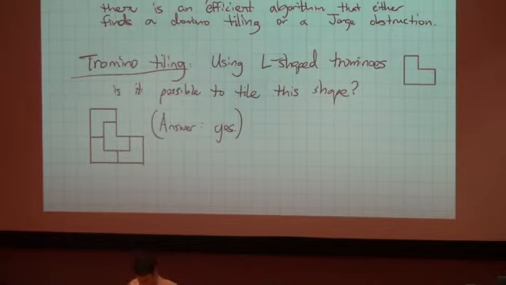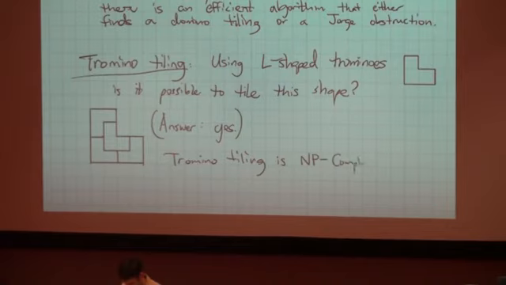And unlike domino tiling, these problems are believed to be genuinely hard to solve. So trombino tiling belongs to a class of problems called the NP-complete problems.